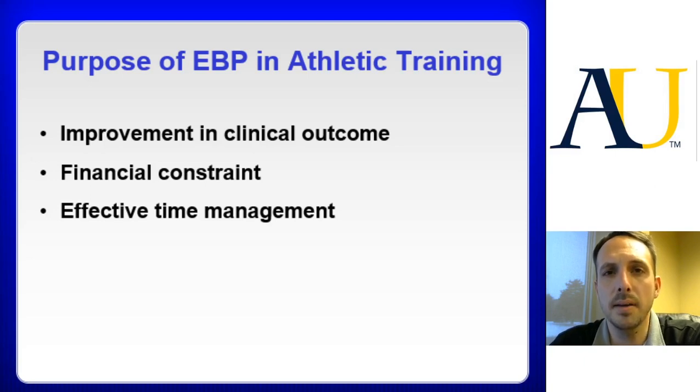Insurance companies have been requiring research for interventions that they pay for in a variety of different health professions for a long time, and athletic training will need to continue to move down that road if we ever would like reimbursement for services.